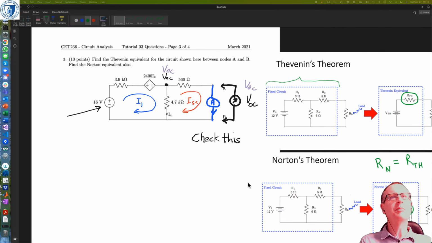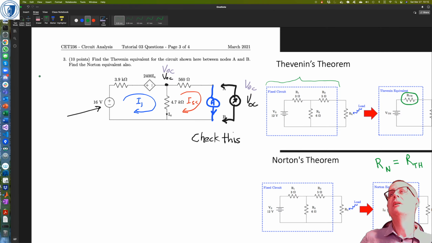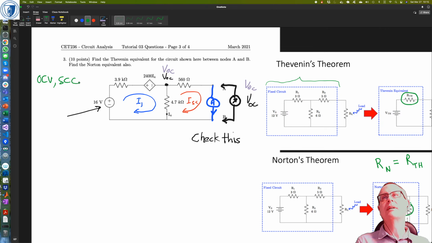But for this one, I'm going to use the open circuit voltage short circuit current technique. And to do that, let me just overdraw this because I think it's probably come out in white on the web.